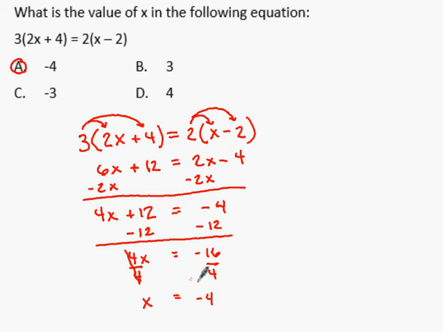Now I highly encourage you to check your work. So let's do a quick check. We started out with 3 times 2x plus 4, and that was equivalent to 2 times x minus 2. So if I use a different color here, and instead of using an x, I replace that with a negative 4, and instead of an x here, I replace that with a negative 4.